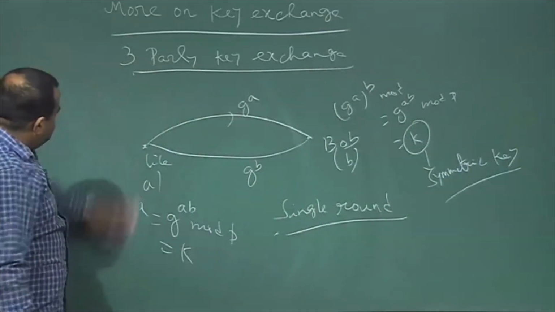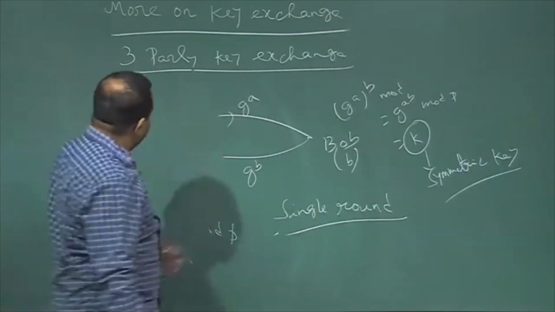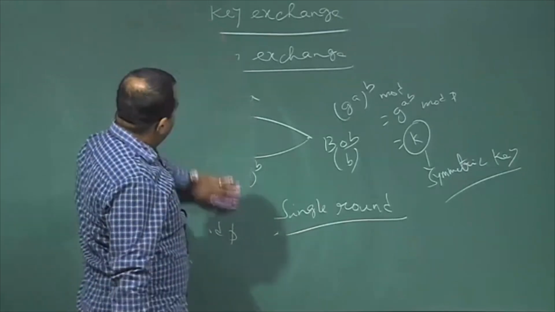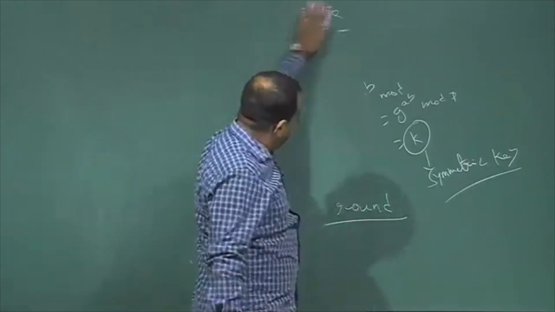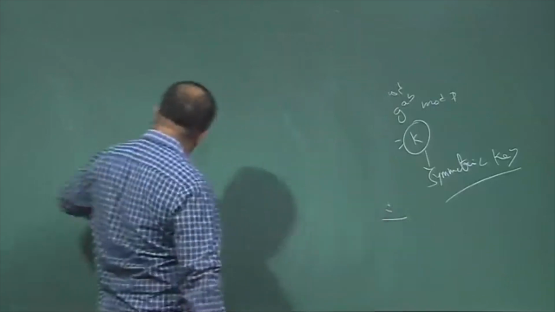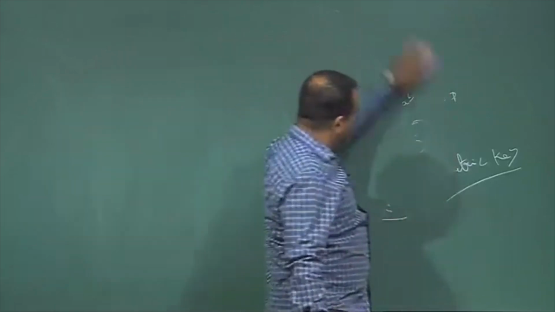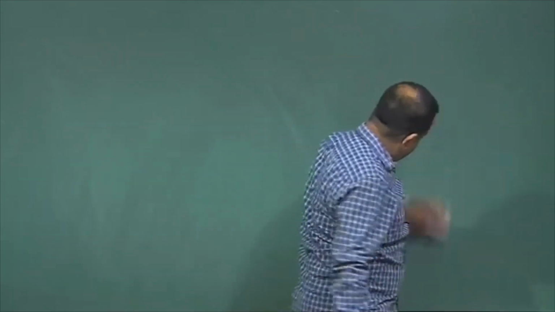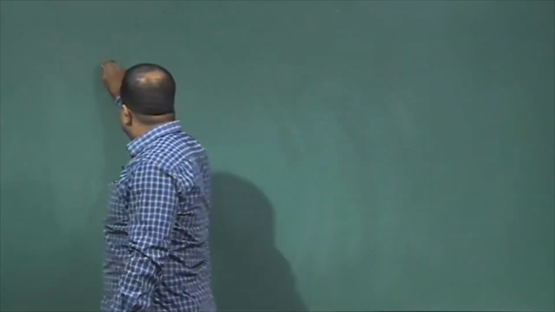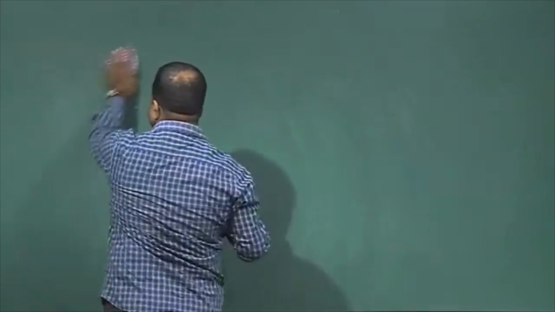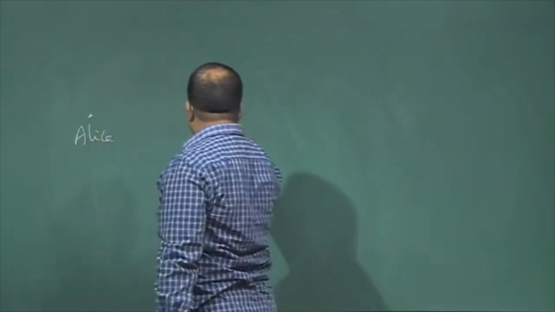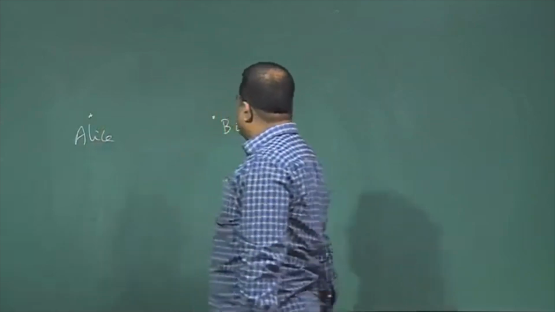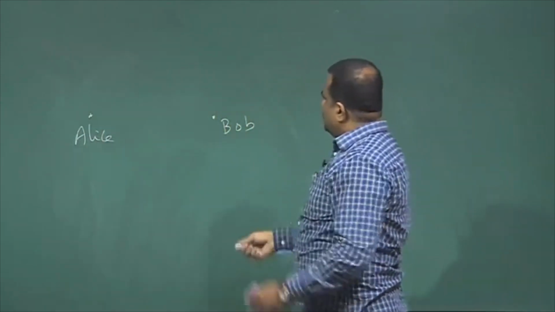Now we want to extend this and see how we can do the key exchange if there are 3 parties. Say we have Alice, Bob, and another party, say Rob.